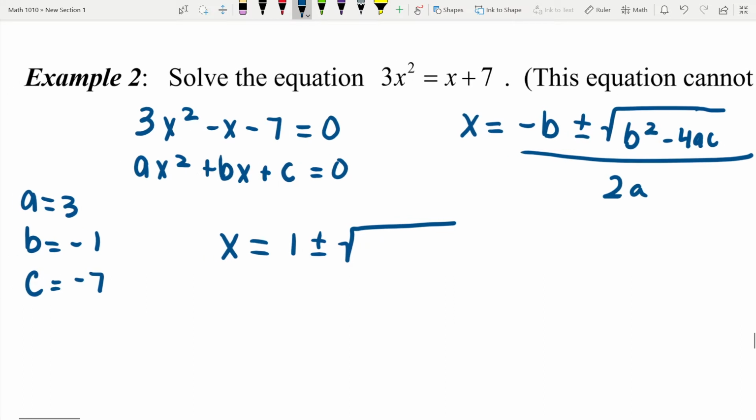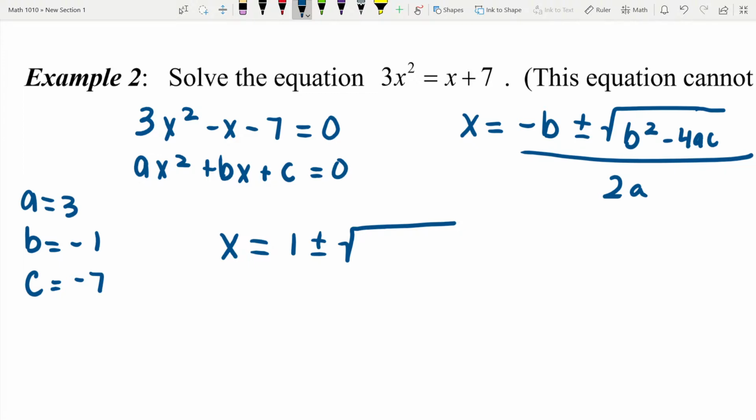Everybody freeze right here. Okay, look right here. Do not write this. Do not write this. Both of these are going to mess you up. I promise. I've done this long enough that I know it's going to mess you up. So I don't want you to write either one of those. B squared right here, guys, is always going to be positive because everything squared is positive.